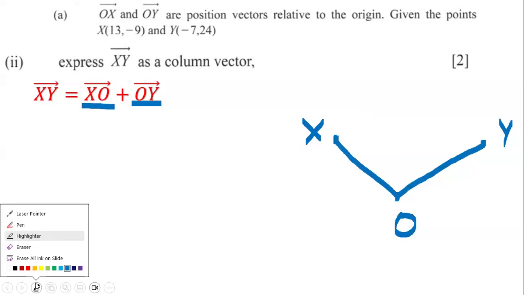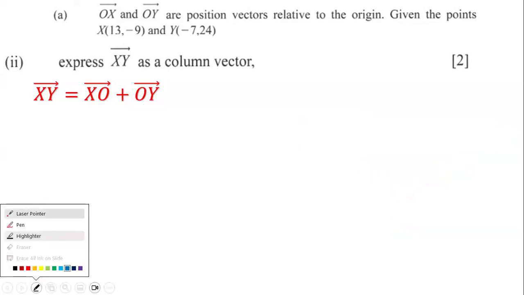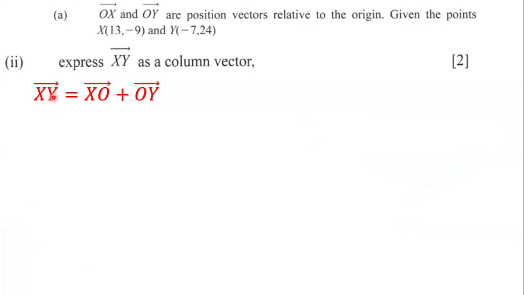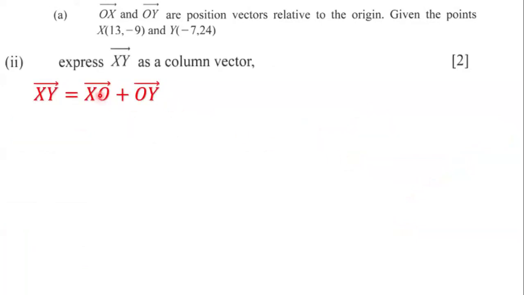And so we notice that we have to write XY as a column vector. We know what OY is, and we found it in the previous question. We know that OY is equal to (-7, 24), but we do not know what XO is.